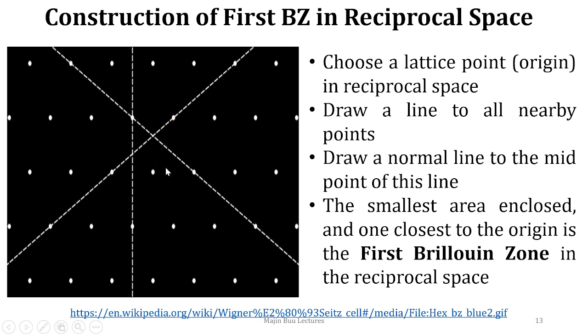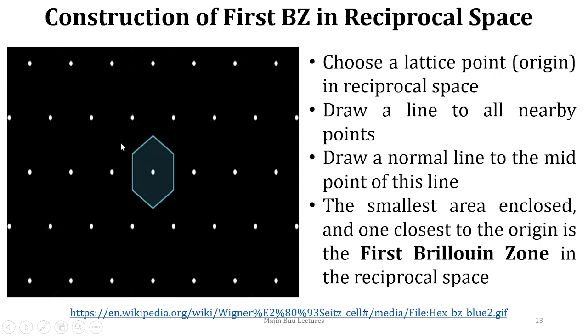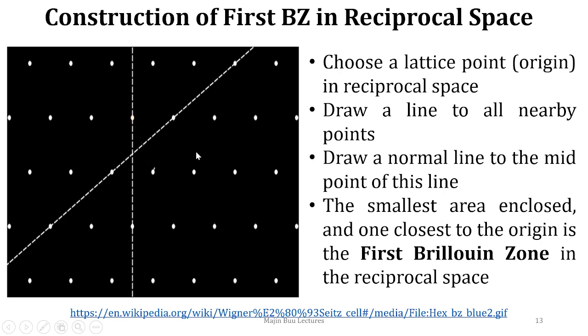Again, a normal, then you draw a line and a normal to this, and you draw a line from here to here and a normal to this, and the area that is enclosed within this structure is the primitive cell associated with the reciprocal space, and this happens to be the first Brillouin zone.